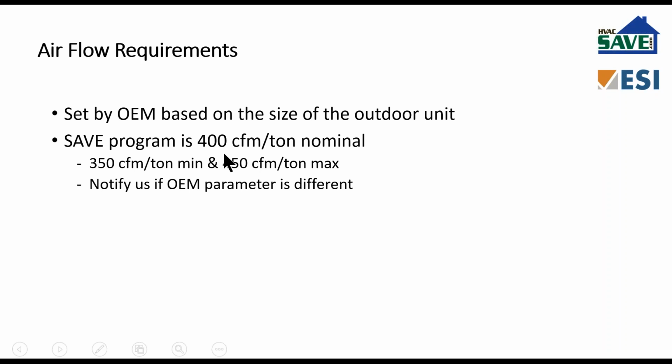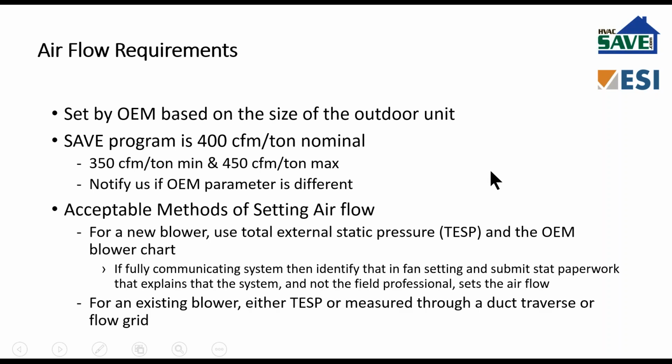Now we do hear some OEMs dropping below 400. I think I was told one time that ASHRAE was steering the industry towards 350. Nonetheless, this is the acceptable range for the program. In the event that this does not comply or is in contrast to your OEM parameter, you simply need to tell us, send us that documentation, submit it along with the job, and that's how we'll verify it.